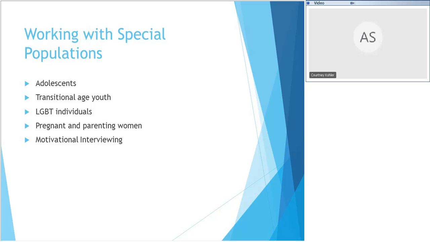Every population, every person who provides services to their community can benefit from motivational interviewing. Depending on what kind of work you do, that might be something that would help you connect with your clients a little bit better. The basic classes are designed for pretty much anybody who interacts with clients.